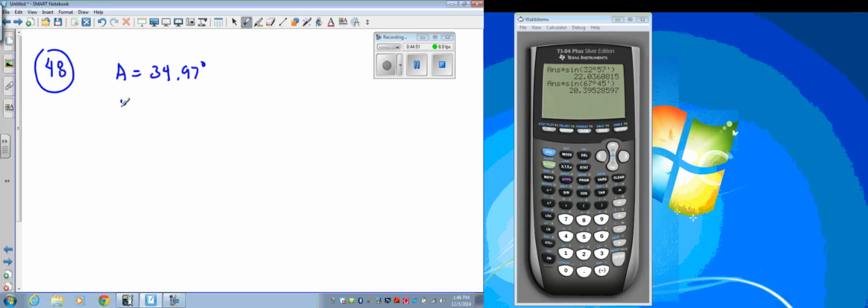I'm going to do B, C. Let's do C. 3529 on B, and 2860.